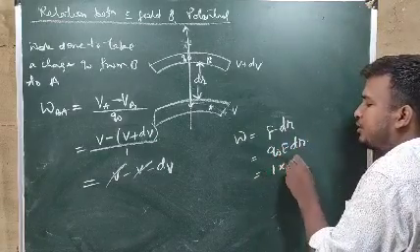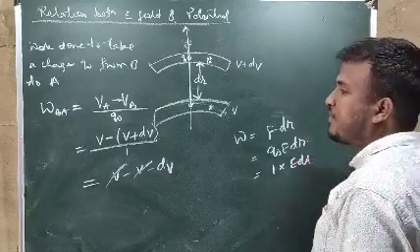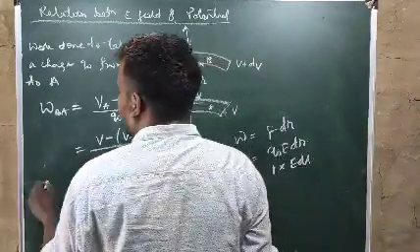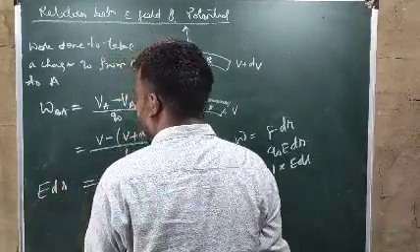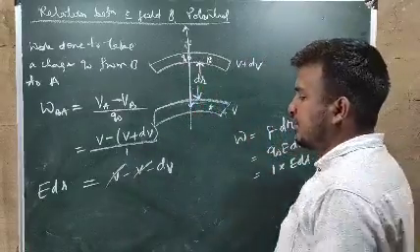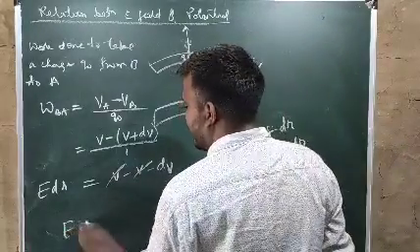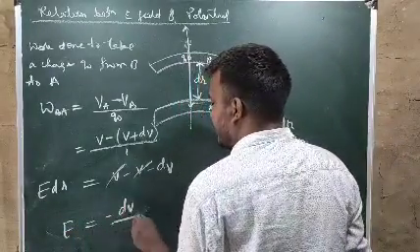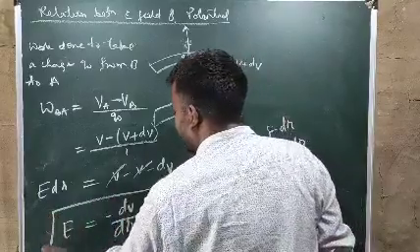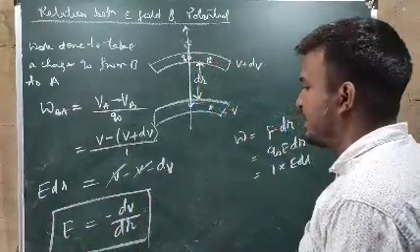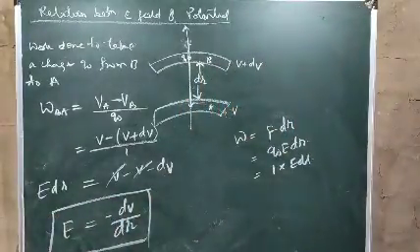Q naught value is 1, so 1 into E dr will be E dr only. So this work done from B to A will be equal to E dr. So this cancelled, so what will we get? E is equal to minus dV by dr.